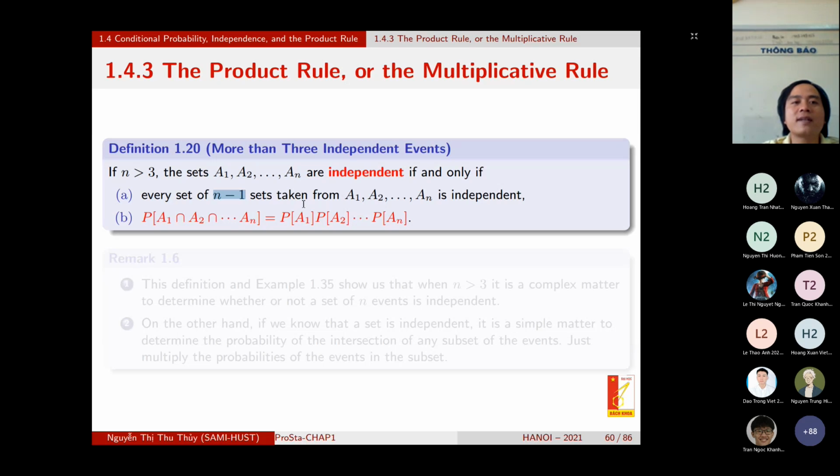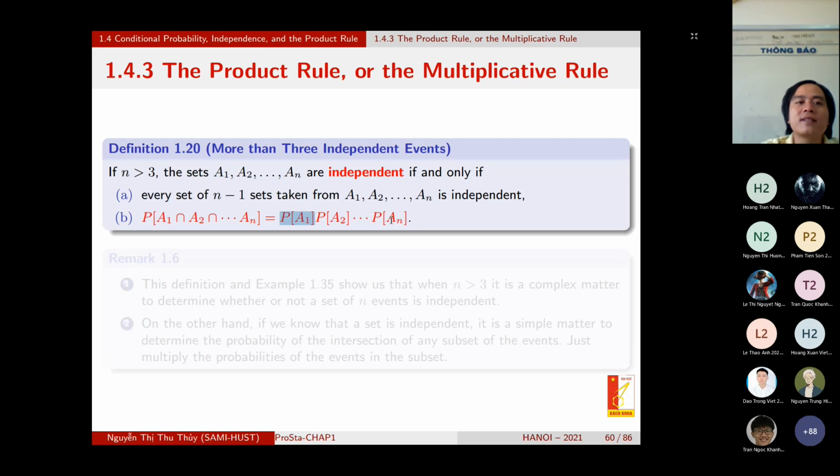And the second condition is that the probability of the intersection of the n events is equal to the product of P(A1) to P(AN).